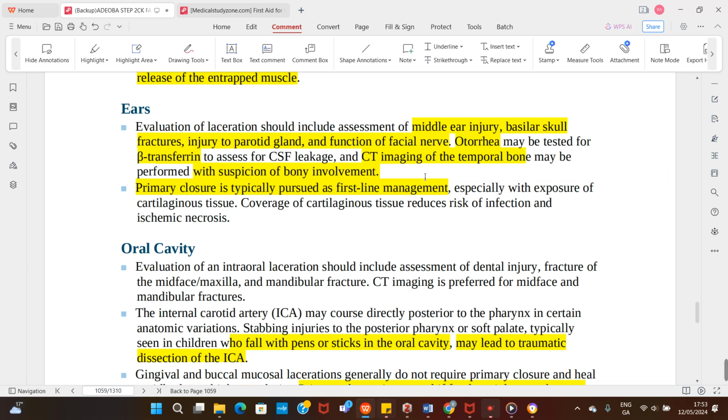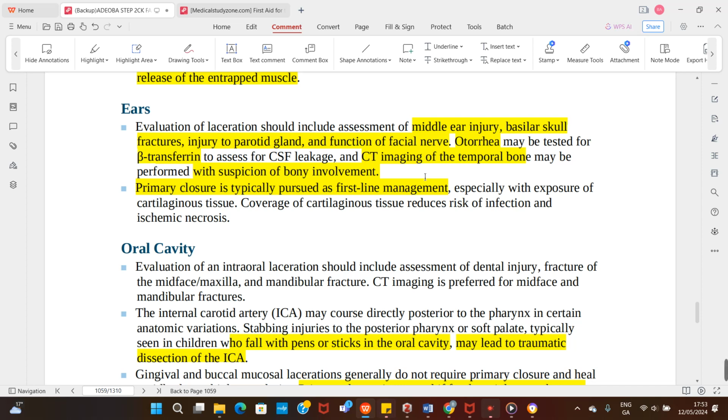Because the way the ear and the nose are designed is that there's a cartilage and there's a perichondrium. So you have a dense connective tissue covering that cartilage. So there's the cartilage itself, then there's a perichondrium that provides blood supply to the cartilage. So once you notice that the cartilage is exposed, cover that.